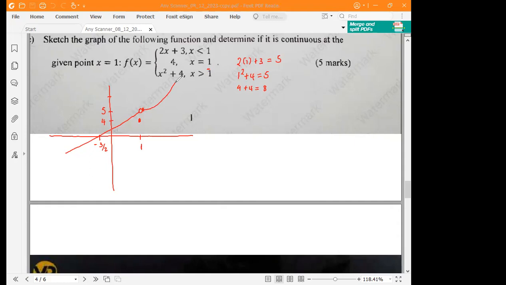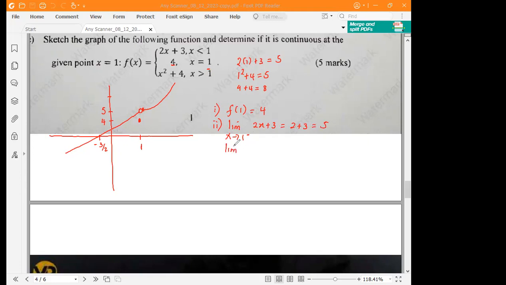Then we are supposed to check continuity at 1. So f of 1 is equal to 4. The limit as x goes to 1 from left: from left, we are using 2x plus 3, that's 2 plus 3, which is 5.